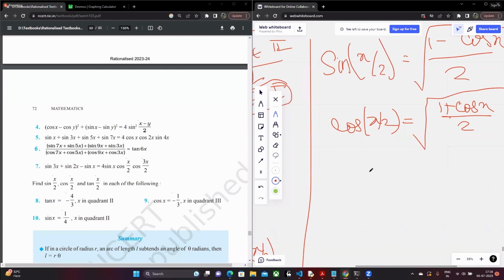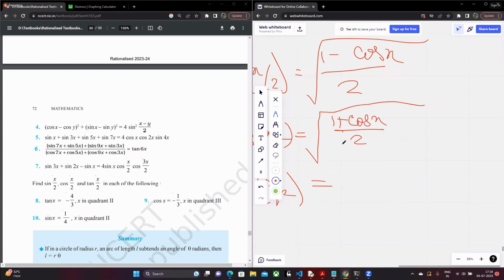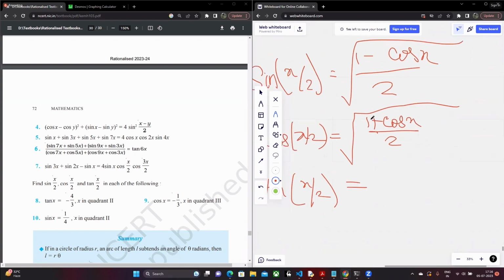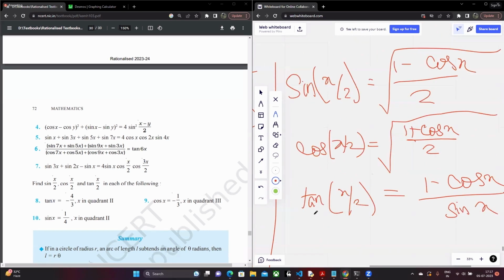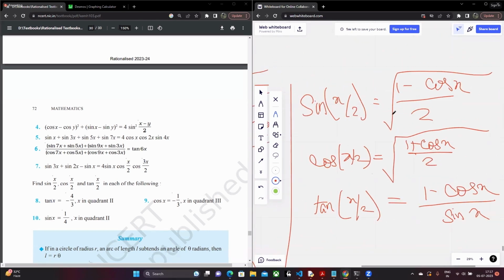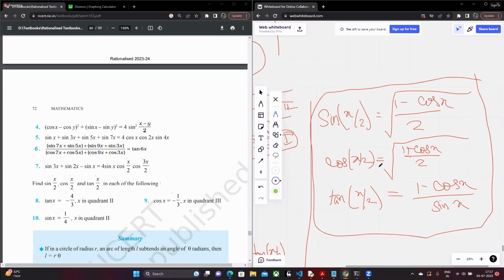And tan x by 2 is going to be equal to, this is sin x by cos x, right? So if I rationalize this, I'll basically get 1 minus cos x divided by sin x. These are the 3 half angle formulae, which you can convert to sin or tan or whatever.